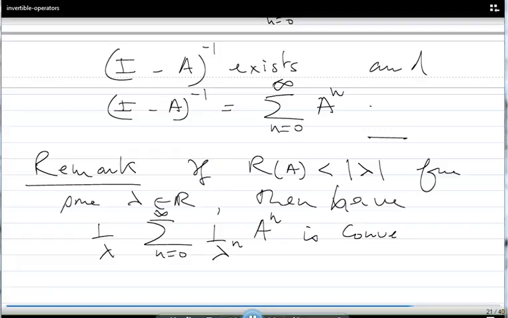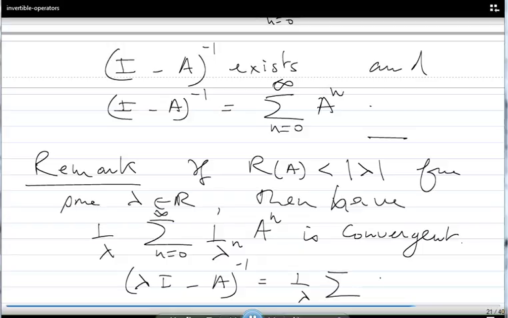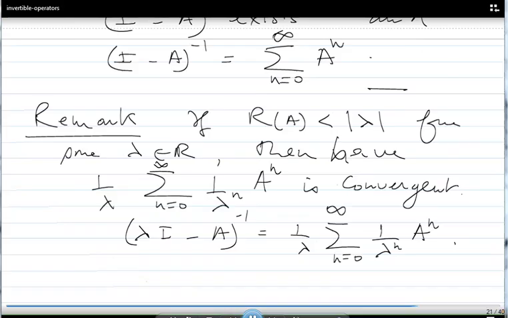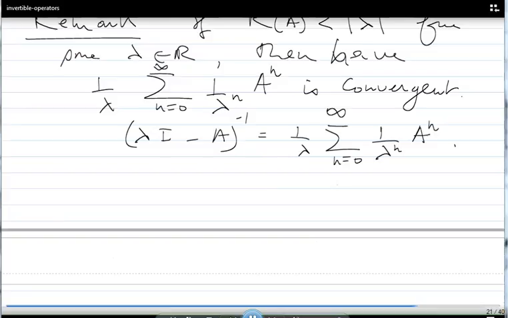Same proof. And we get that lambda I minus a, as we did before, the inverse exists and is equal to the sum of 1 over lambda to the n, a to the power n from 0 to infinity.